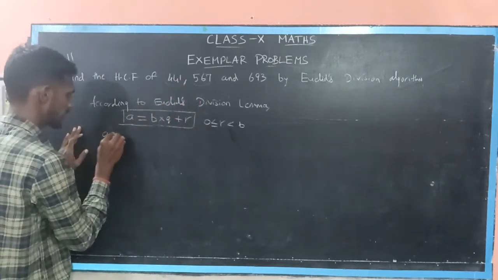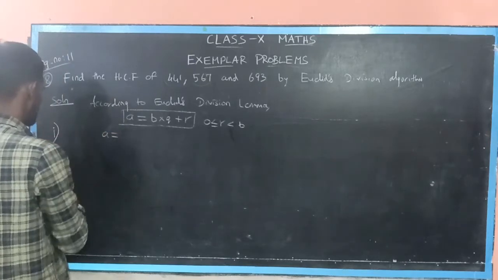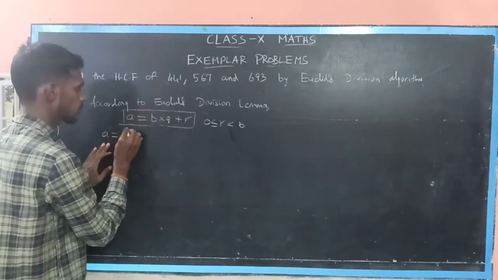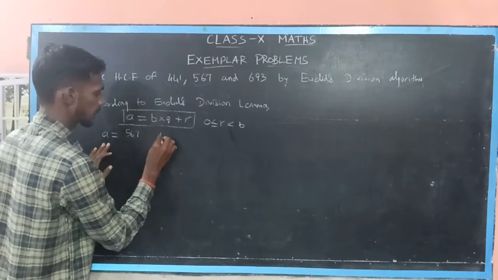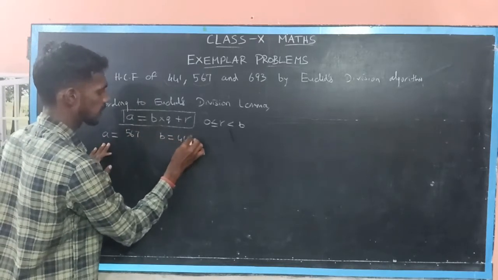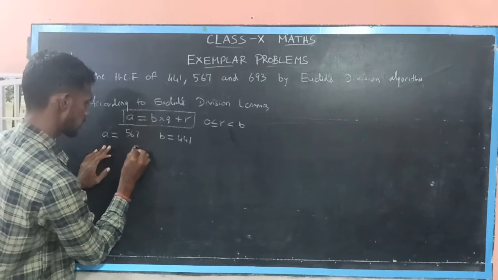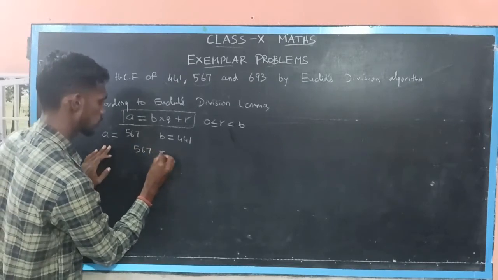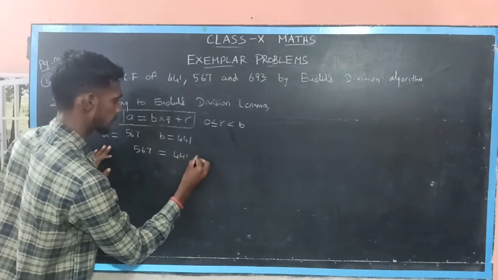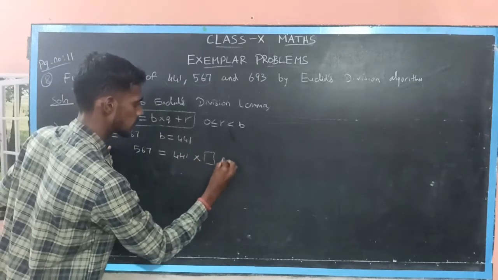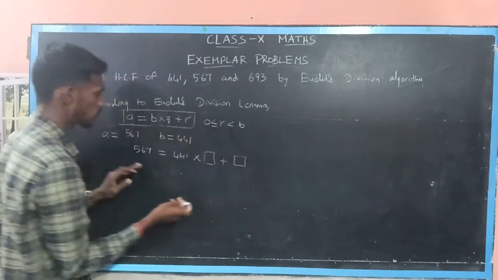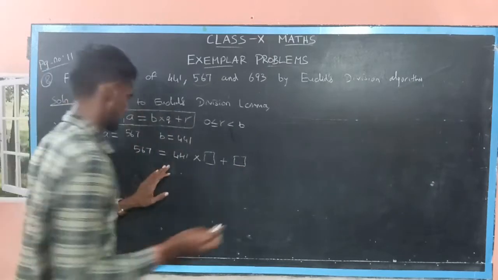So first I take A is equal to 567 and B is equal to 441. So it becomes 567 is equal to 441 into some quotient value plus some remainder value. We have to find the values of Q and R.